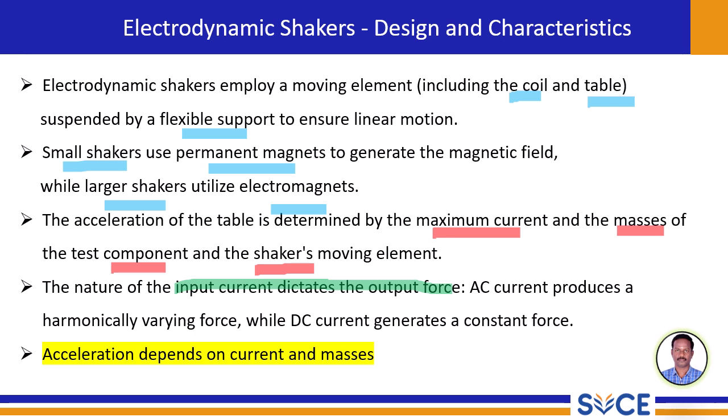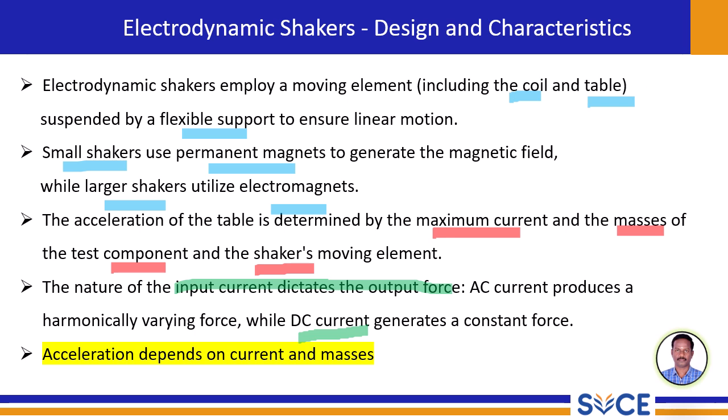Further, the nature of the electrical input current dictates the characteristics of the output force and therefore the vibration. If we supply an AC, that is alternating current, to the coil, it will produce a harmonically varying force resulting in sinusoidal form.